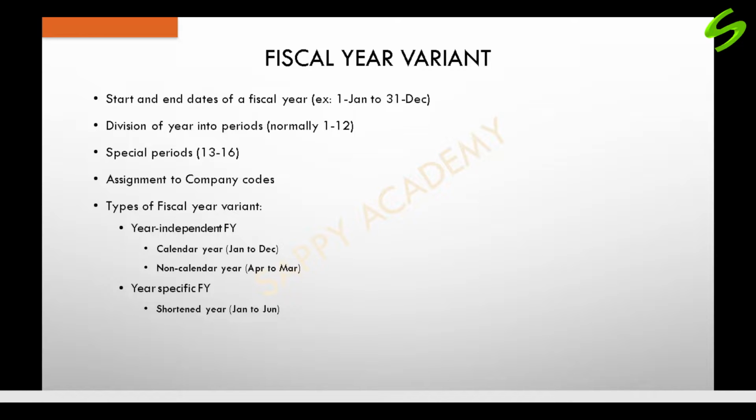For example, in one year, it can be January to December, and in another year, it can be something else. The year-specific fiscal year variant can be a shortened year, for example, January to June. This type of fiscal year is normally used in case of liquidation or acquisition of a company.